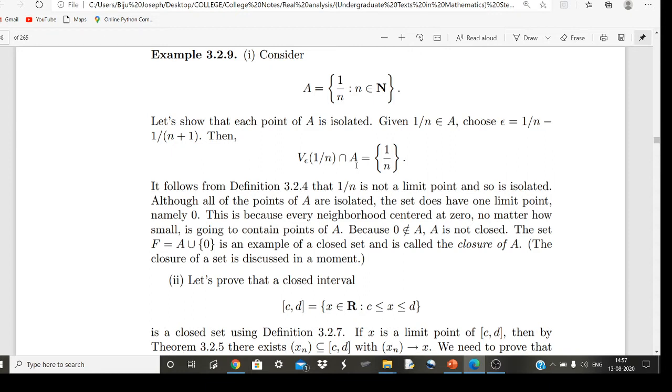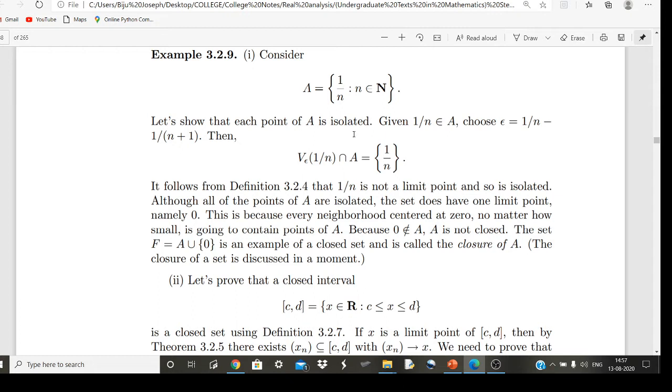Therefore, by definition, 1 by n is not a limit point of A. So, every point in A is not a limit point of A. Therefore, every point of A is isolated.